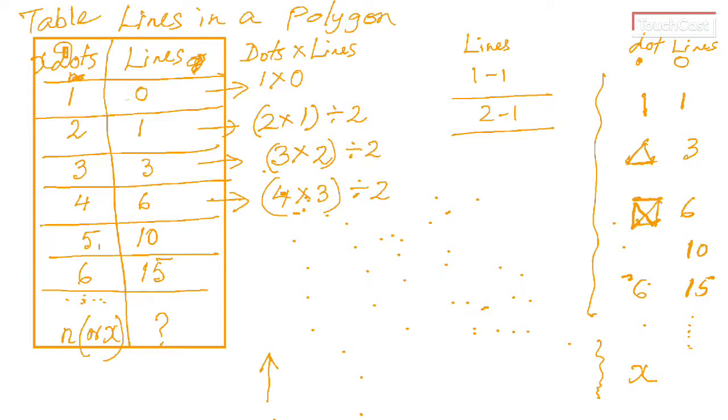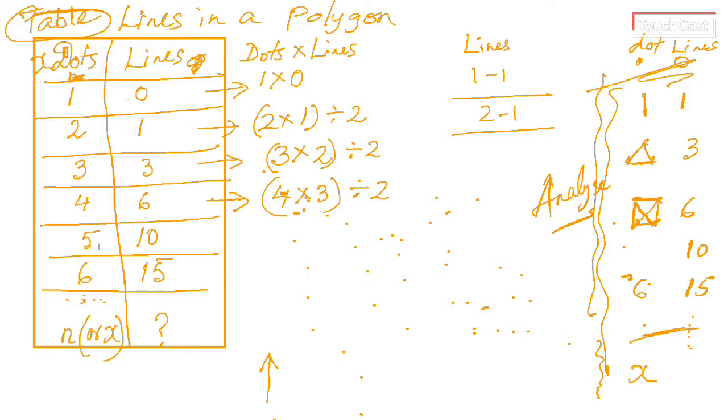So we have the data. These are the data. We analyze the data. This is where I am analyzing the data. And then I made it into a table. So please, please, please, always follow this order. From the data, get into the table.